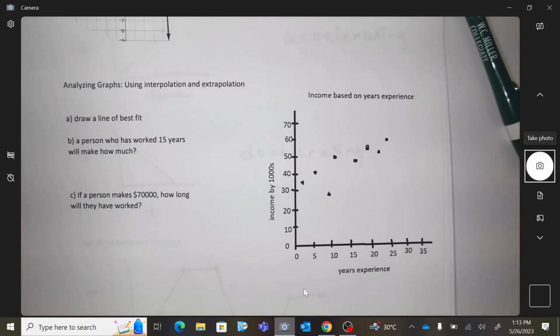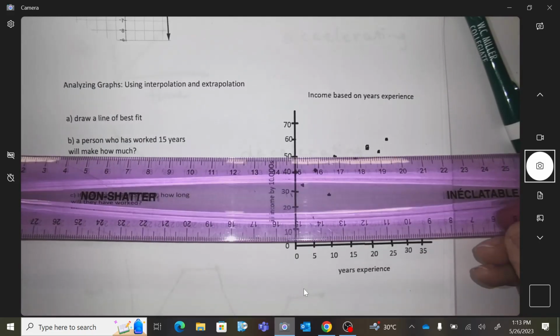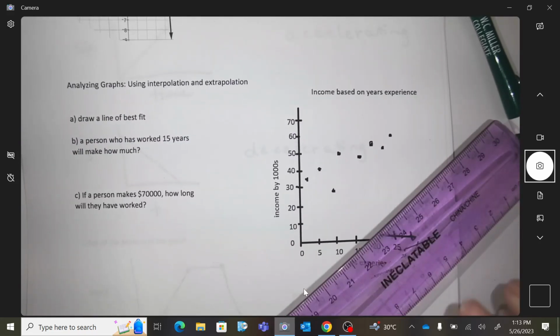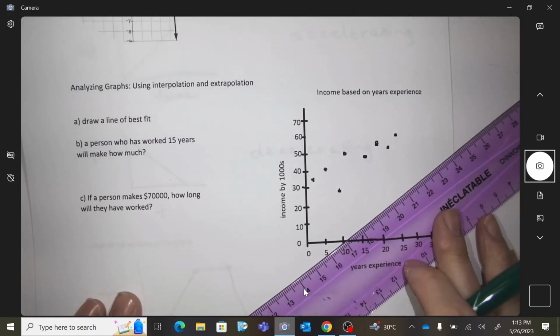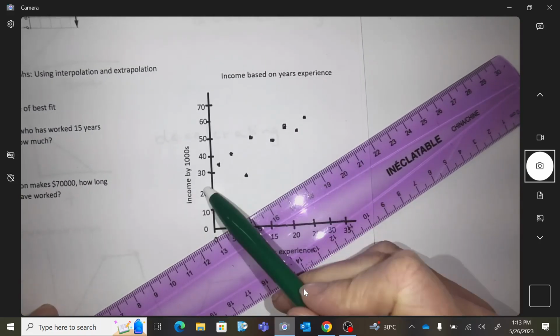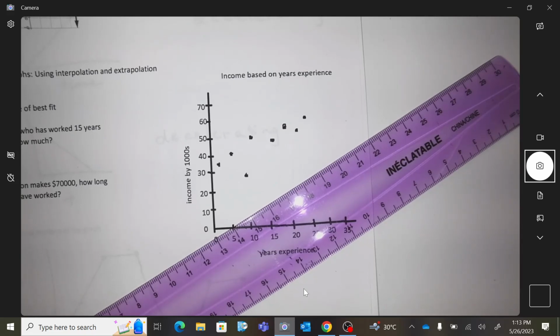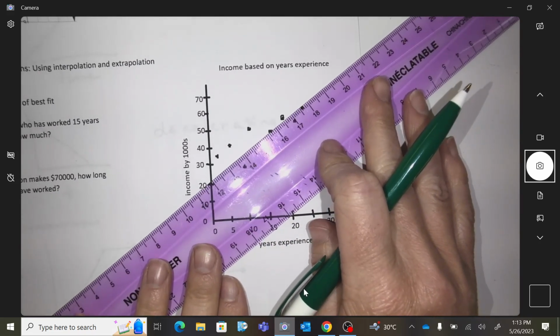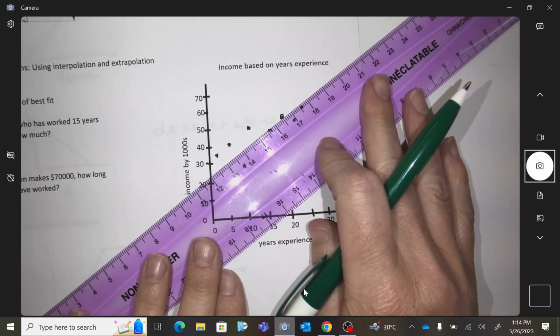Okay, the first question says, on this interpolation and extrapolation question, draw a line of best fit. A line of best fit is you trying to fit a line through these points as best as you can, so I'm trying to make a line that best represents this data.